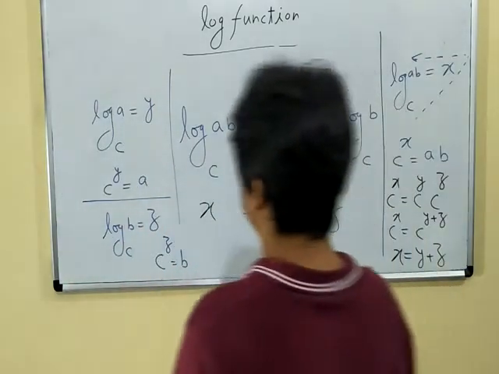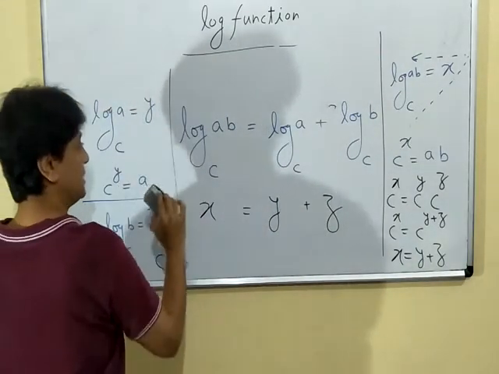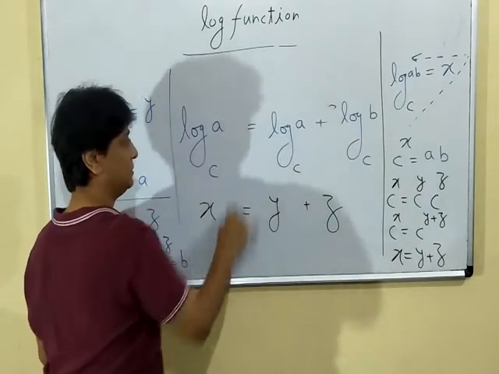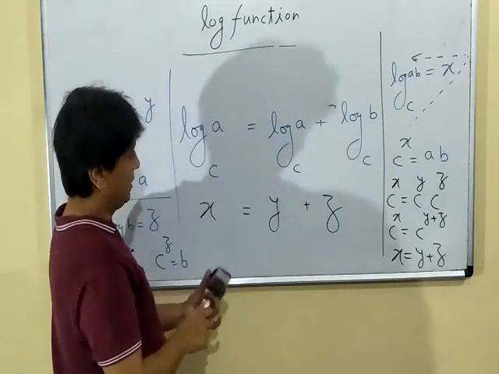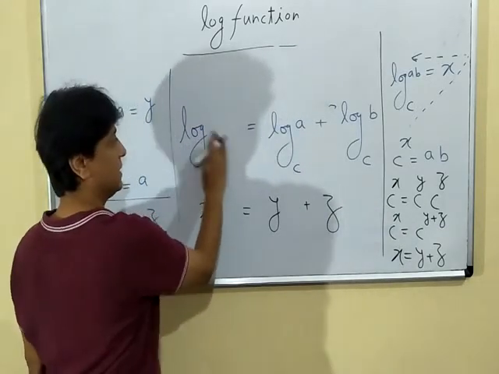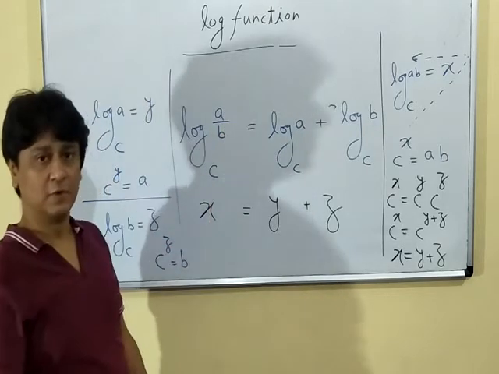Now, इसी की सेकंड प्रॉपर्टी को देखते हैं. सेकंड प्रॉपर्टी क्या बनेगी? लॉग, इस बार a इंटू बी हमने बोला इज a अपॉन b.